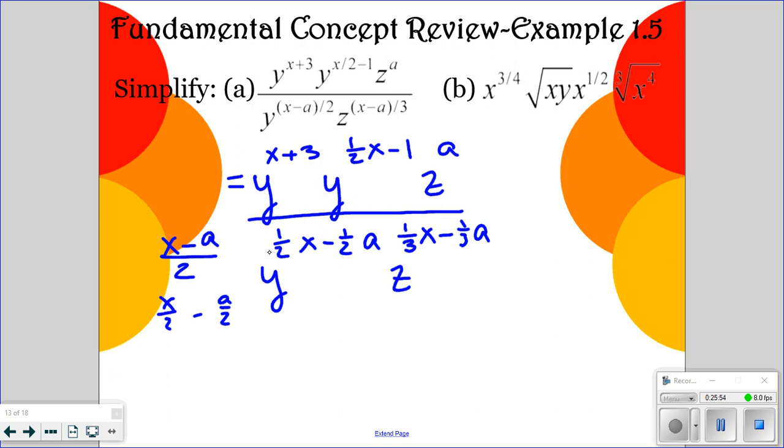So hopefully you remember to move a term from the denominator to the numerator, or vice versa. The signs are going to switch. So everything in the numerator is going to stay as is, so I'm going to go ahead and write it.